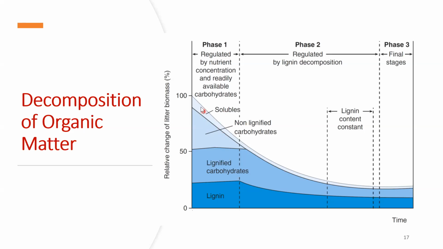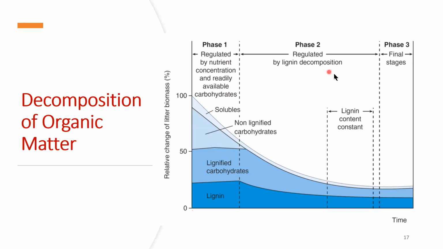You can see here the soluble part, then the non-lignified carbohydrates, then the lignified carbohydrates, and then the lignin. So at the first stage, the nutrient has nothing to do with the lignin or the lignified carbohydrates, so those will not be much affected. Only the soluble and non-lignified carbohydrates like the sugars will be affected by the nutrient concentrations.